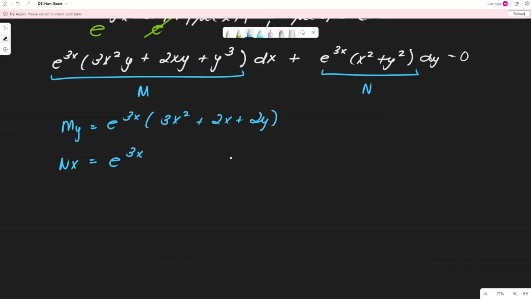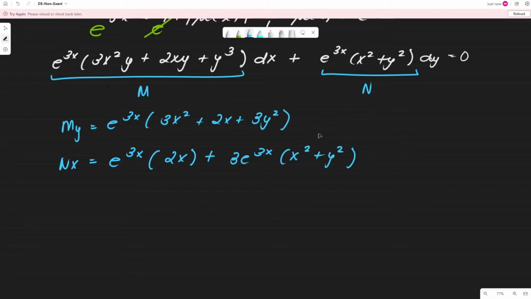So, we'll have udv plus vdu, so that is 2x plus 3e raised to 3x, that is the derivative of e raised to 3x, times x squared plus, rather, 3y squared. I forgot.